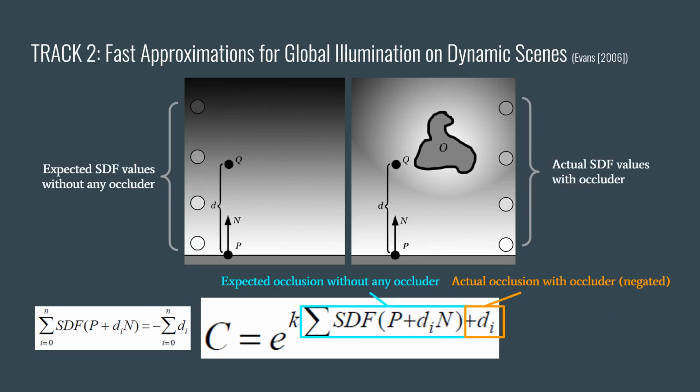Then we have some gaps between expected values and actual values. We can intuitively know that these gaps originated from occlusion. By sampling the points in a linear direction and analyzing the gap between expected and actual values, you can approximate the extent of occlusion, and this occlusion size is used to calculate ambient occlusion.